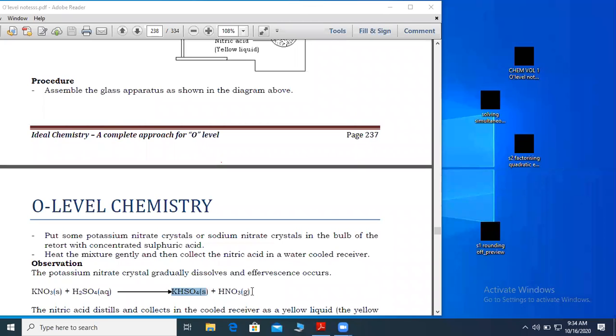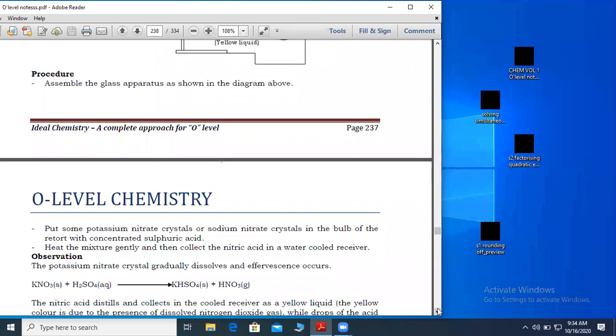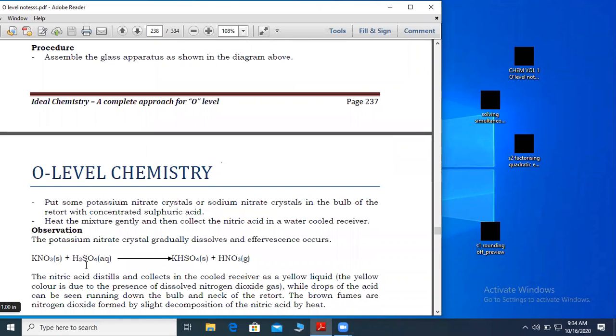And note, this equation does not require any balancing as long as you have written correct products. And the products are potassium hydrogen sulfate and nitric acid in gaseous state. Because why is it formed in gaseous state? Because you are heating. Actually, the concentrated sulfuric acid, its state is supposed to be liquid.